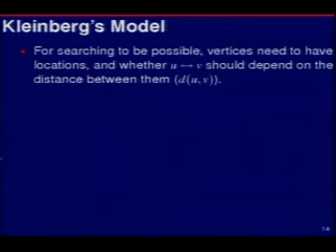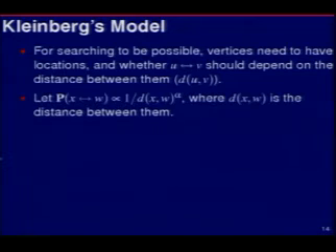Otherwise, it doesn't make any sense to send the letter to somebody who's close to the destination in some sense. And one can see this as saying that the probability of each edge existing is proportional, and by proportional, I mean we can multiply it by some constant, but in terms of the distance, it depends on 1 over the distance raised to some value, alpha.